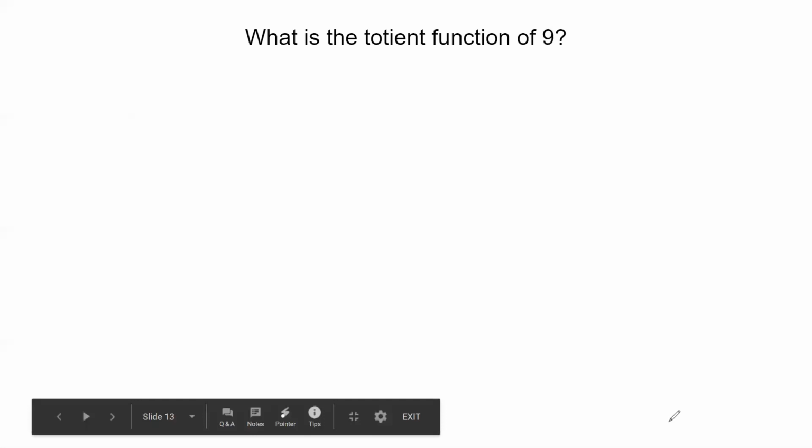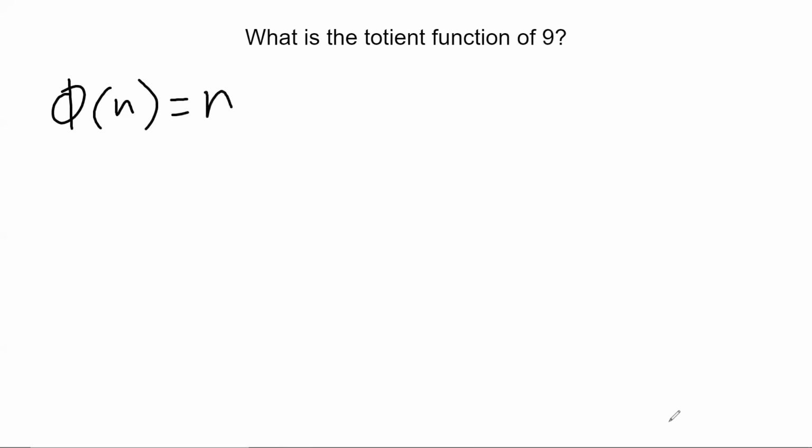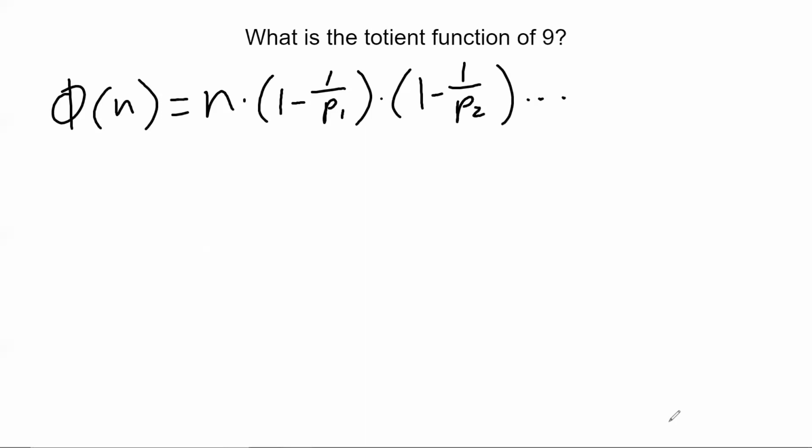Instead of listing out all the numbers less than 9, let's try to use the formula. The zero with a line through it is called the Totient function.